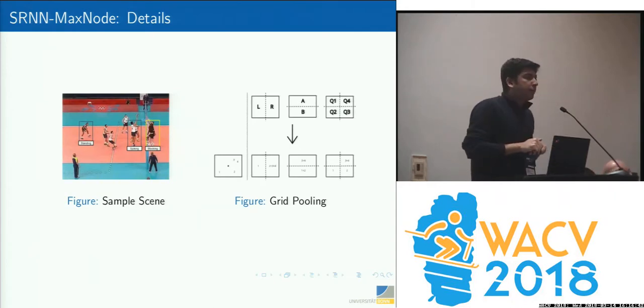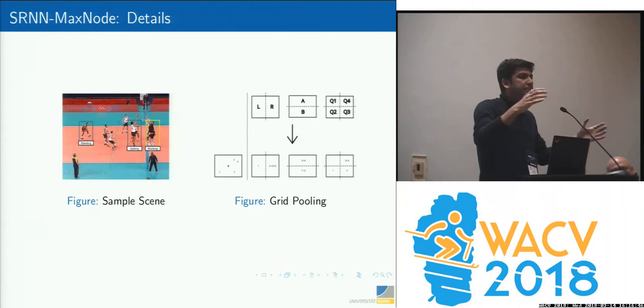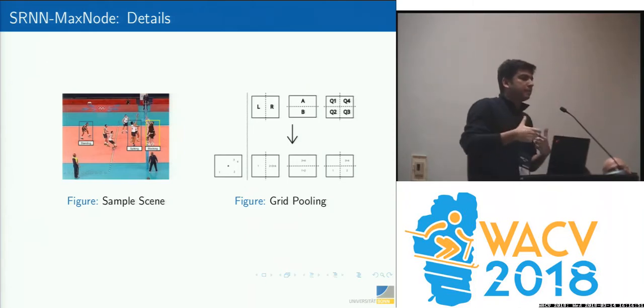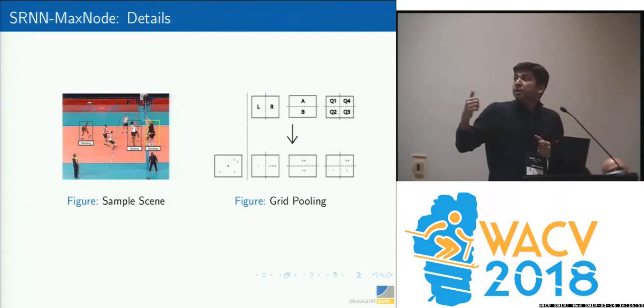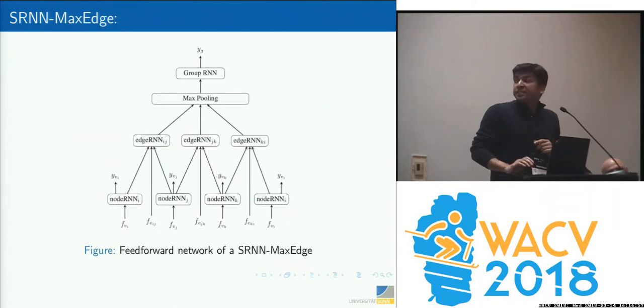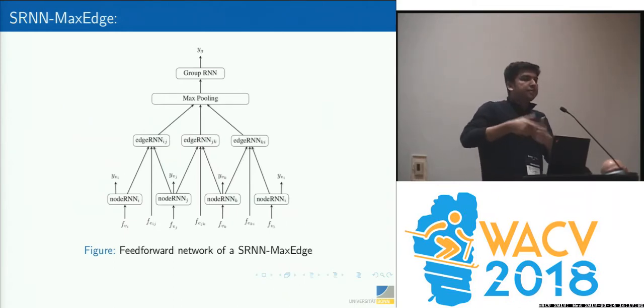For the grid pooling, we take each player as a center and figure out where exactly the other players are. With respect to that, we sum the edge features based on this pooling structure.